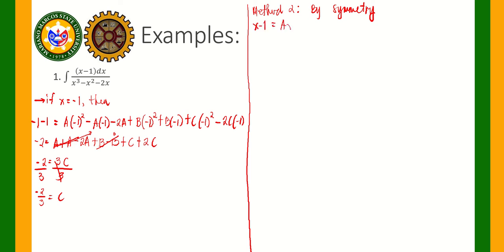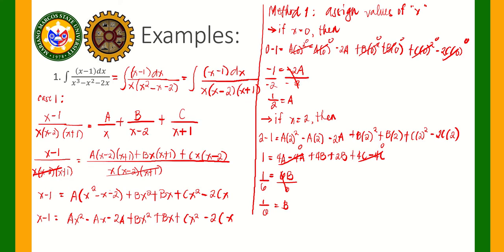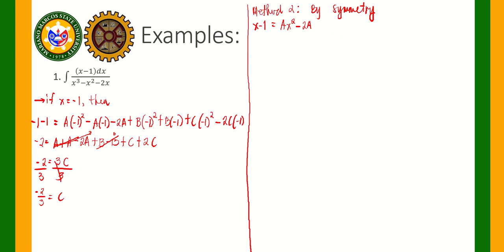So, this will be equal to ax squared minus ax minus 2a plus bx squared plus bx plus cx squared minus 2cx.